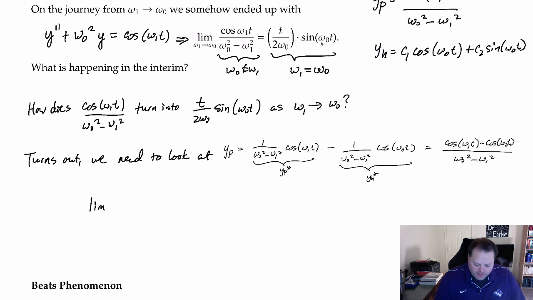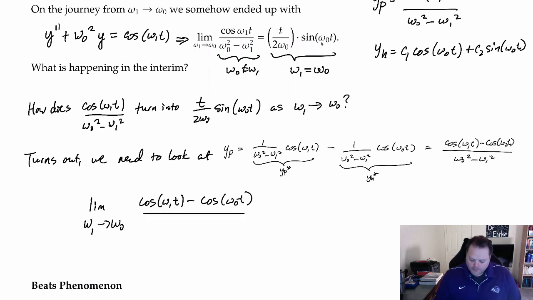Because if you take the limit as omega 1 approaches omega naught of this new particular solution, if you try to directly plug in omega 1 equal omega naught, notice that the top cancels and the bottom cancels. So you're in the 0 over 0 case, which should remind you of L'Hopital's rule. So we're going to apply L'Hopital's rule here to calculate the limit.